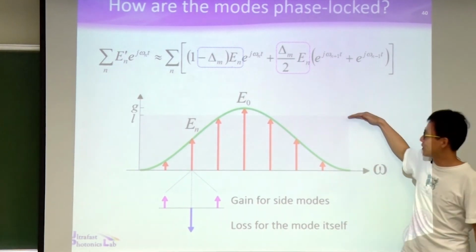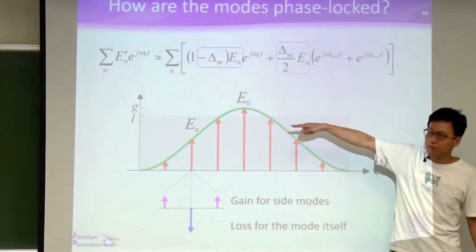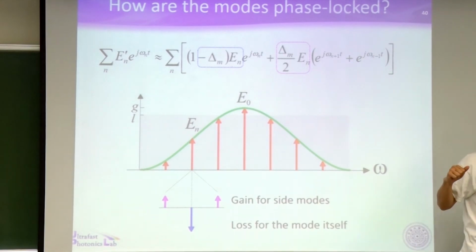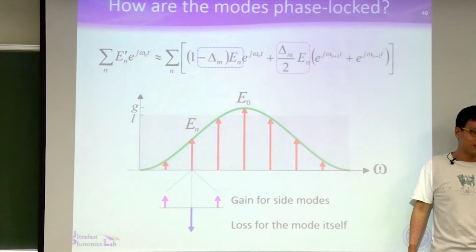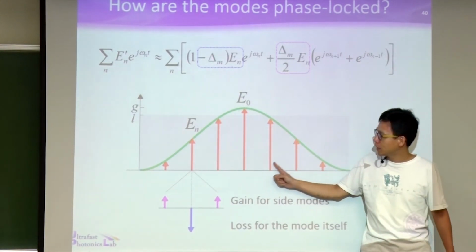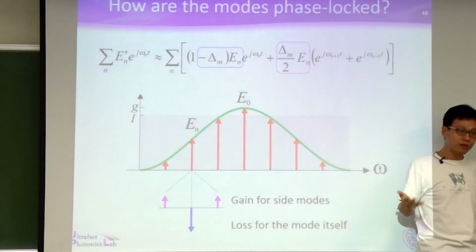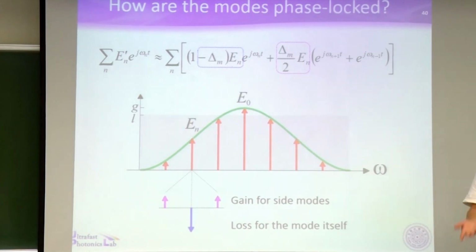Okay, so remember this level is your cavity loss. The green one is your gain spectrum in steady state. In principle, they will die off, but because of energy transfer, they survive. That's why you can have short pulses. And not only do these side modes survive, but they are also phase locked. Okay, is it okay? Thanks for your question.